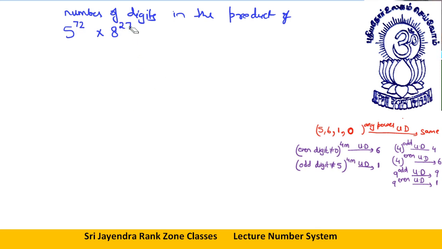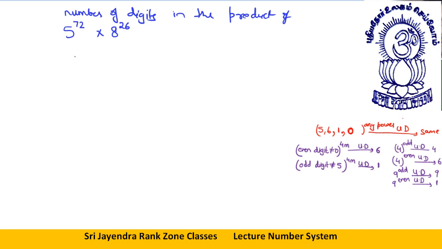Instead of 27, let's make it 28, it might not become too lengthy. 8 raised to power 28. Let's make it 26. Okay, let's do this question. 5 raised to power 72 into 8 raised to power 26. What will it give me?